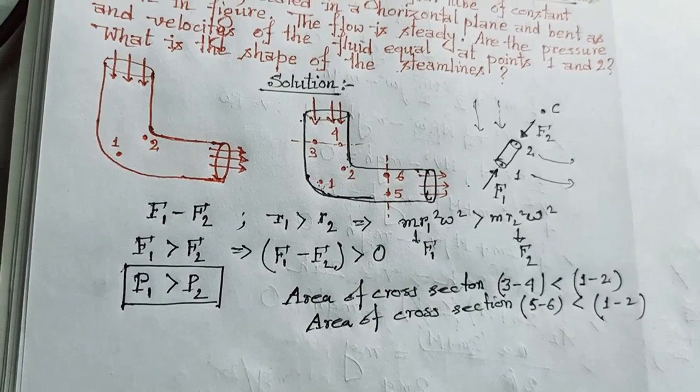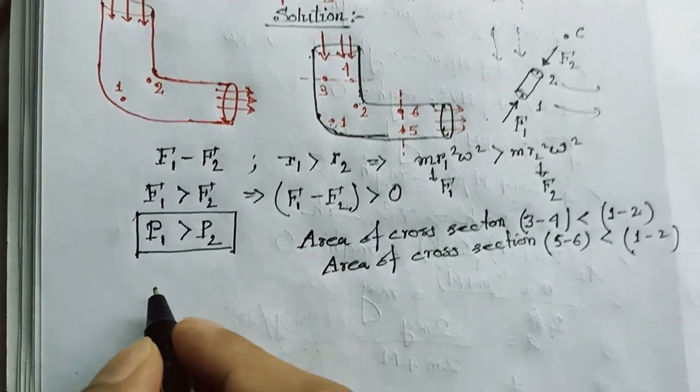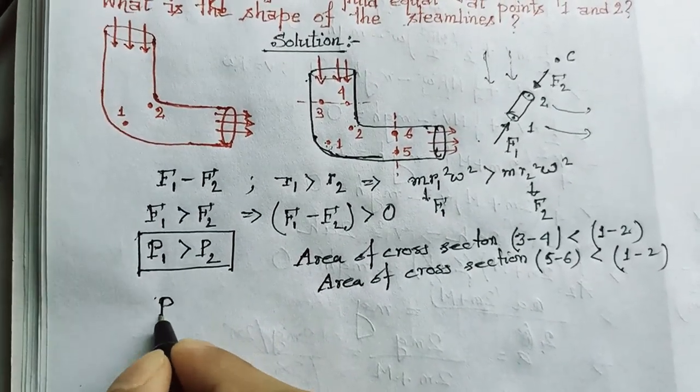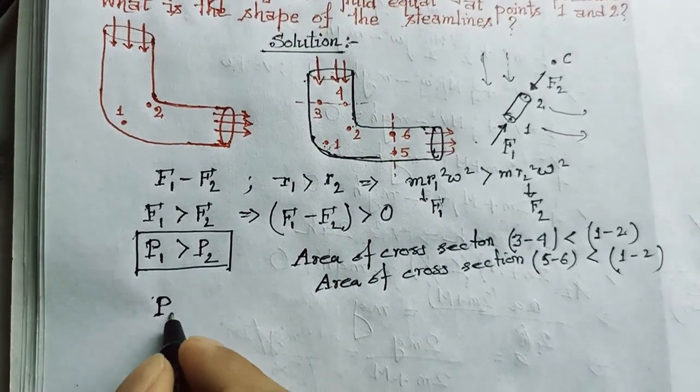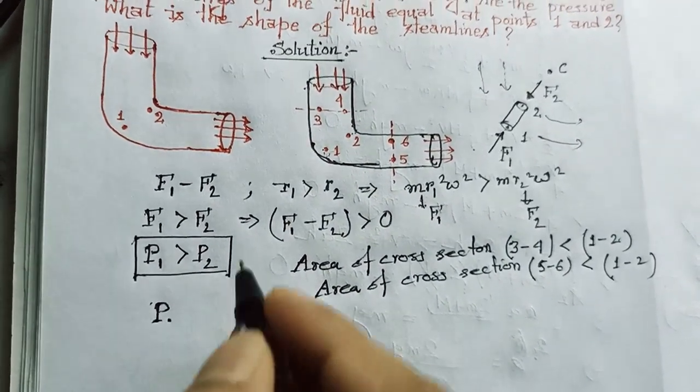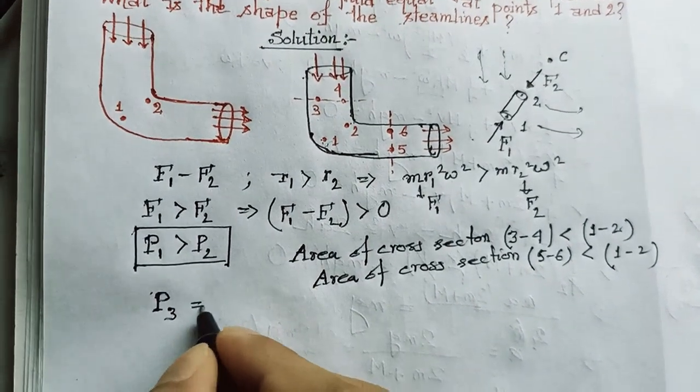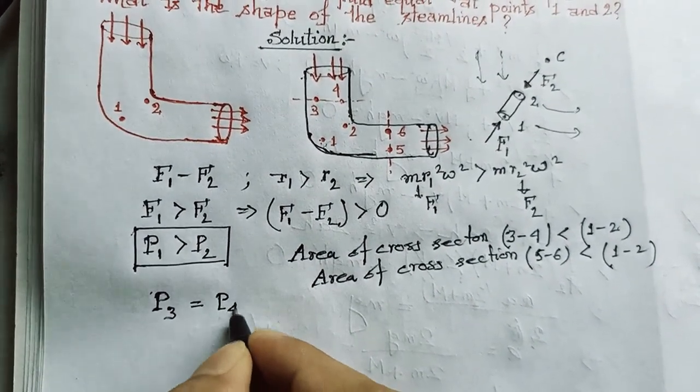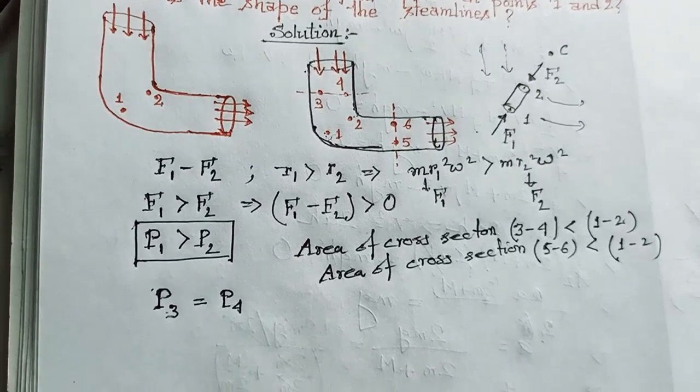Now from our observation, the pressure at point P3 will be equal to the pressure at point 4. It means P3 equals P4.